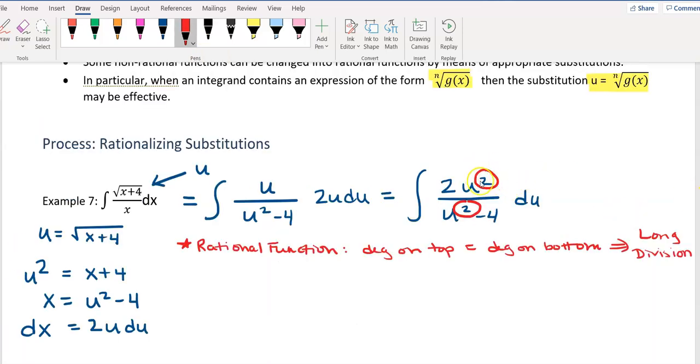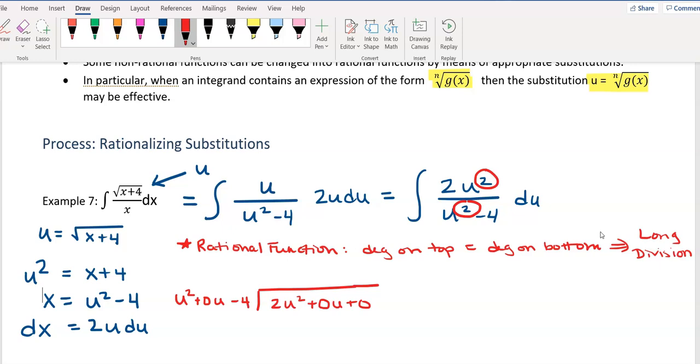Because the degree of our numerator is equal to the degree of our denominator, we are going to use long division. So we are going to take the polynomial on top, which is 2u squared, and make it so that it has a piece for each decreasing exponent, so each term needs to be represented. And then we're going to divide that by u squared plus 0u minus 4. So that's our divisor.